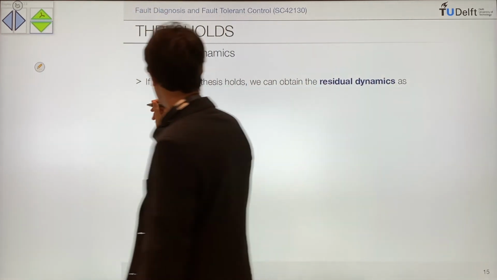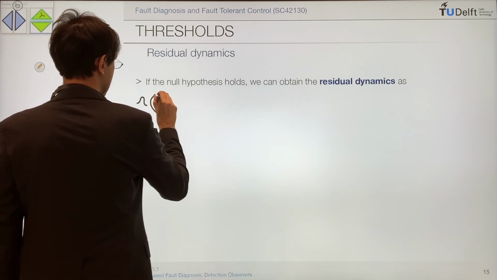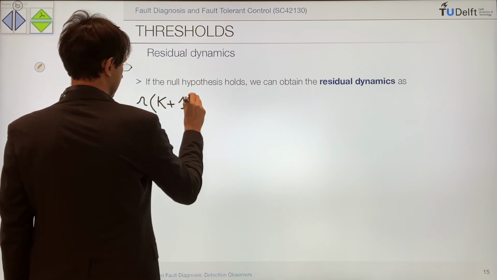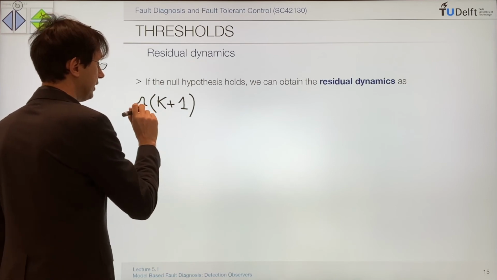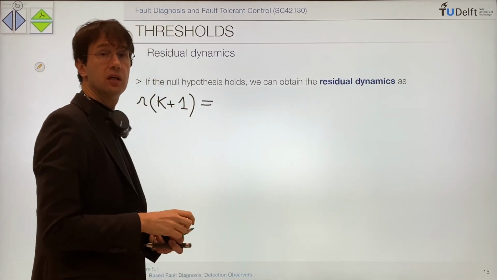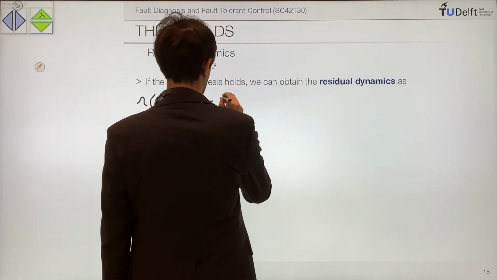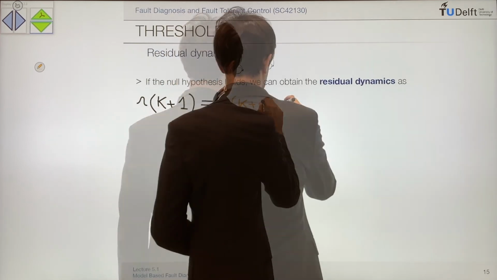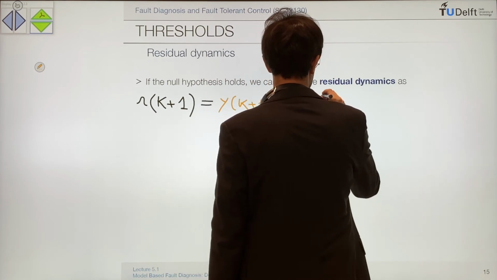We start by writing the value of r at time k plus 1. And you will see in a while why I am interested in time k plus 1. So this is equal to our noisy measurement y at time k plus 1 minus the estimate y hat at time k plus 1.